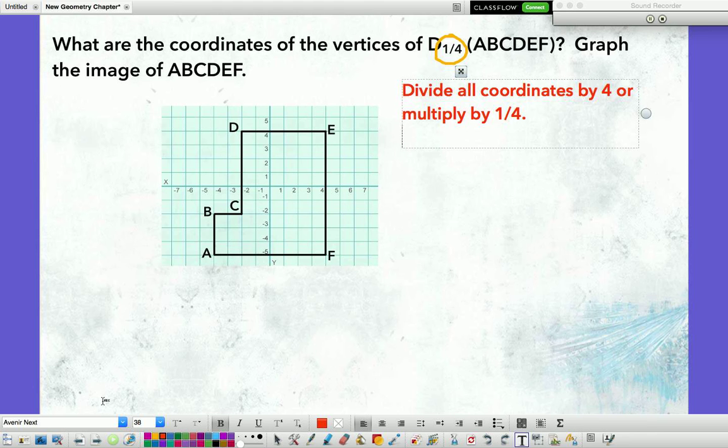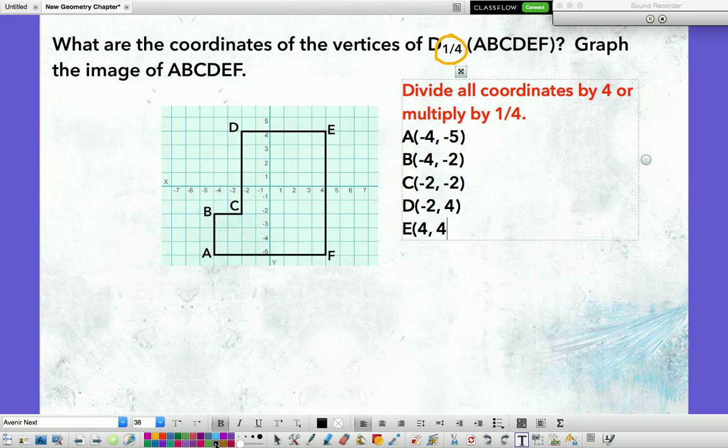So let's get our original coordinates here. A is negative 4, negative 5. B is negative 4, negative 2. C is negative 2, negative 2. D is -2, 4. E is 4, 4. And F, we have 4, -5.